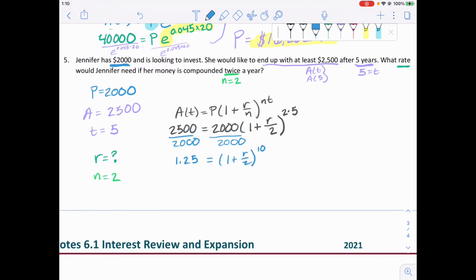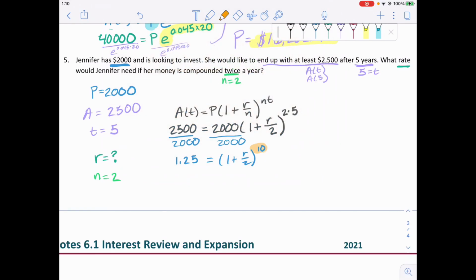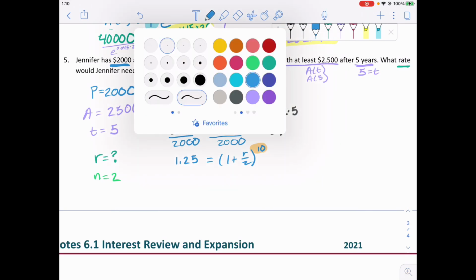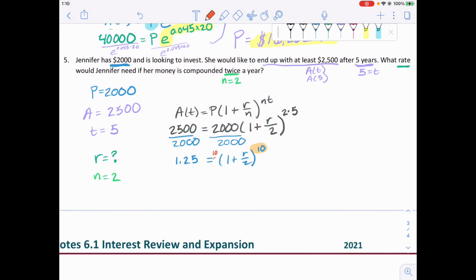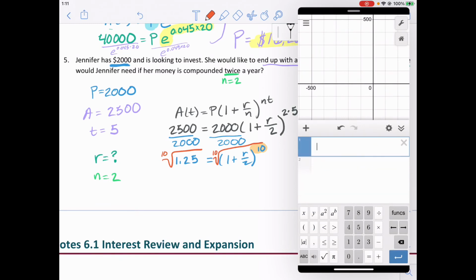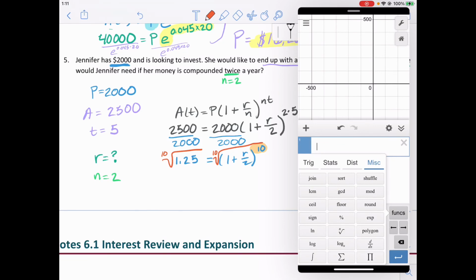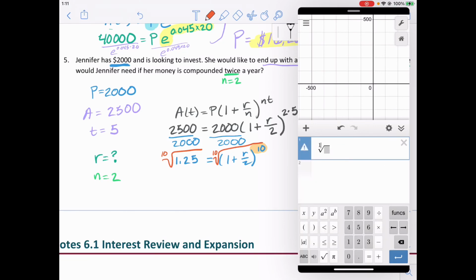Now we need to get rid of this exponent. How do we get rid of an exponent? We use a root. So we're going to take the 10th root on either side. In Desmos, you can do this using the functions. If you go to miscellaneous, we're going to click this one that says n root. And then you can put in 10 and then 1.25.